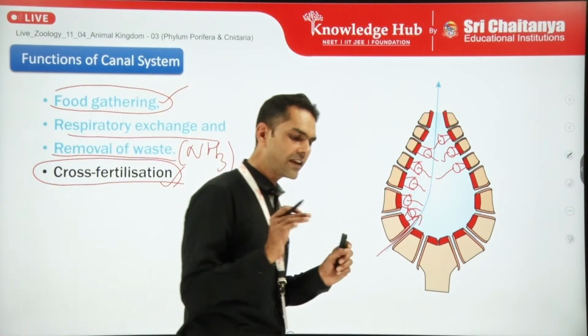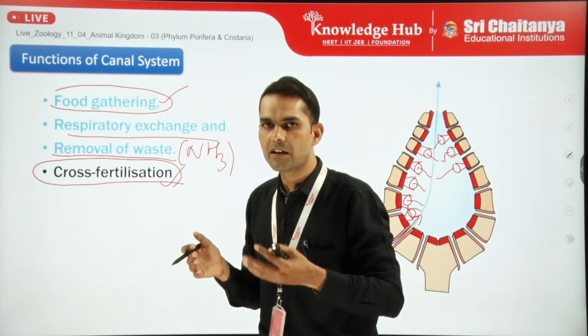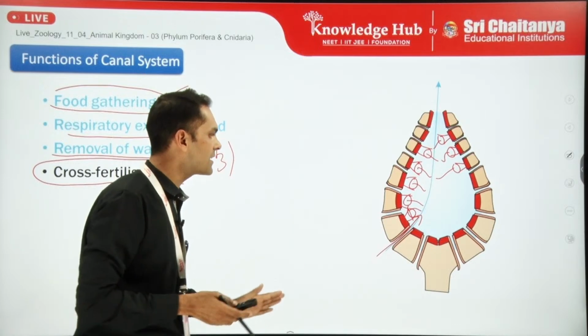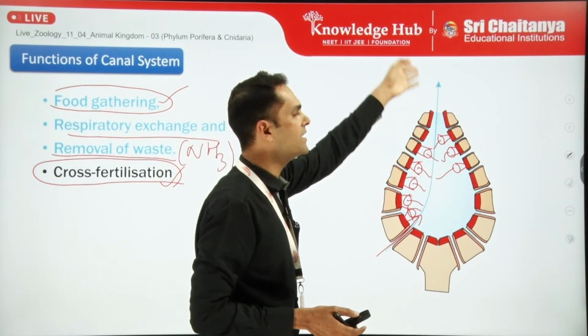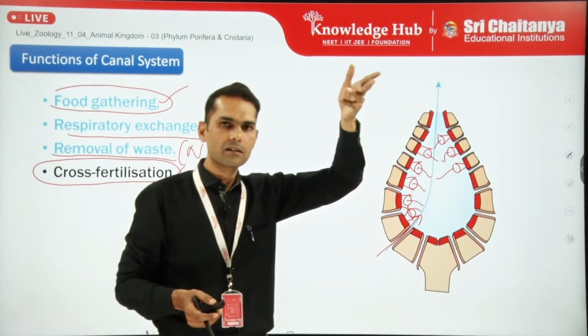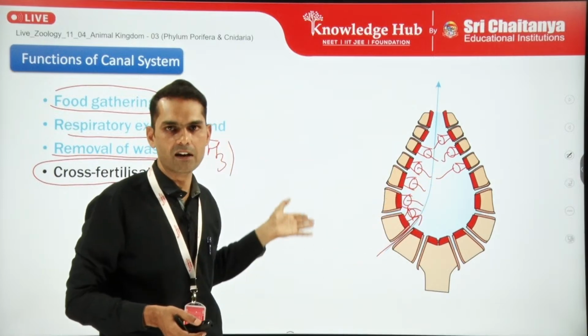Okay, one important thing you need to know: the water canal system is designed in such a way that water enters through the ostium pores only, enters through the spongiocele and leaves by the osculum. One might get confused that water can enter through the osculum also and the reverse pathway can also happen.